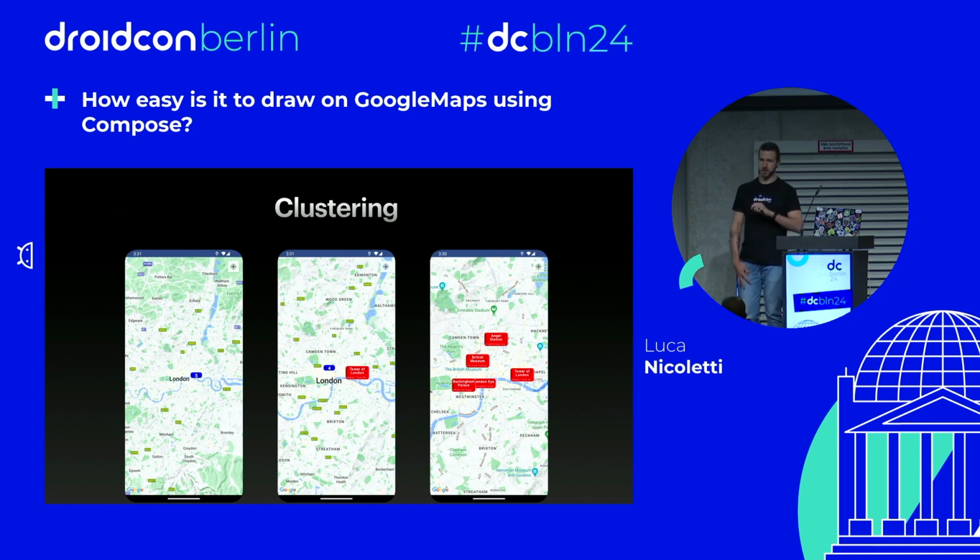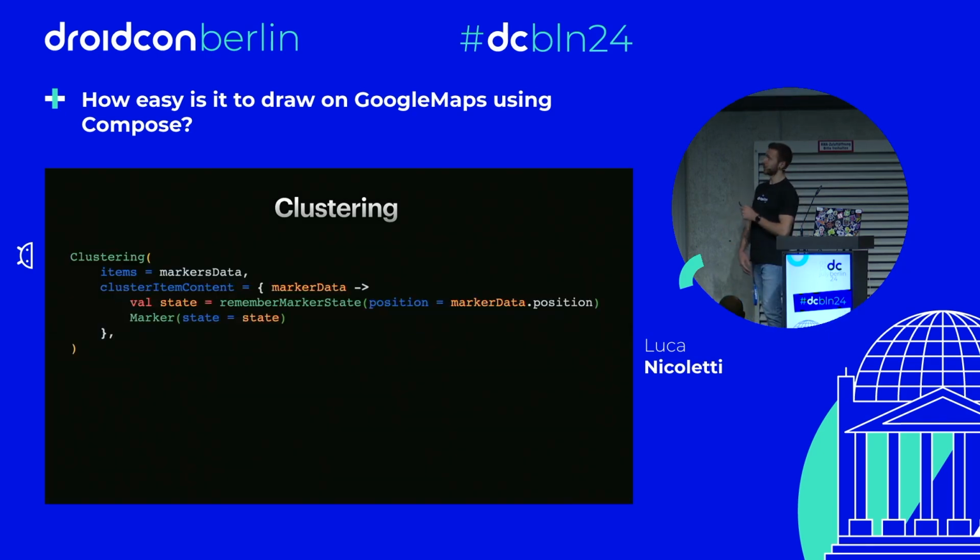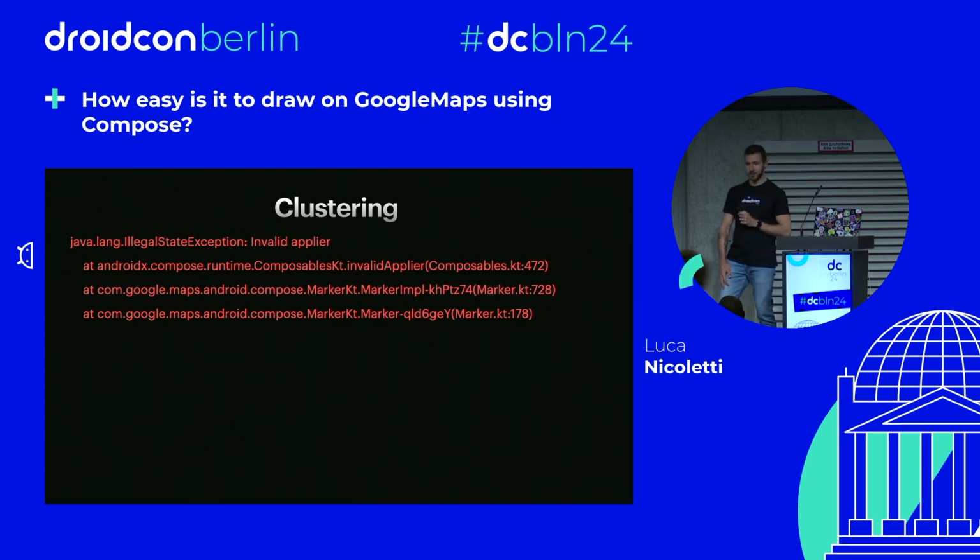If you want to customize, for example, just the cluster content, which is the group together, but you want to use the default marker for the marker, you don't want to specify it yourself, because the cluster item content, if you do something like this, you get a nice exception, which is an invalid applier.